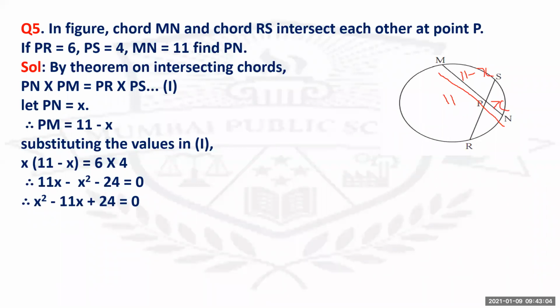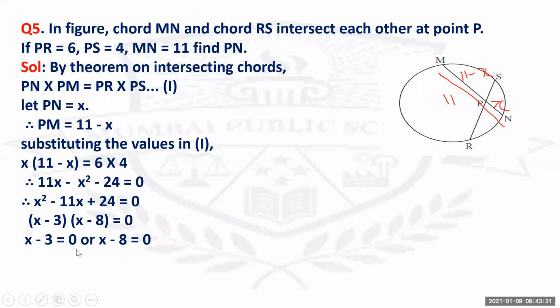Now can anybody tell me the factors of this? What are the factors of x square minus 11x plus 24? Come on, try this out. What are the factors of this? 8 and 3. So you'll get that as x minus 3 into x minus 8 equals 0.